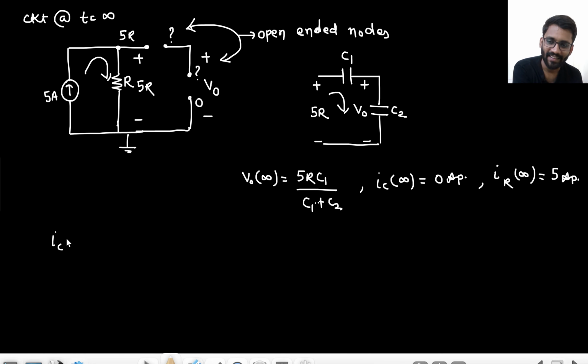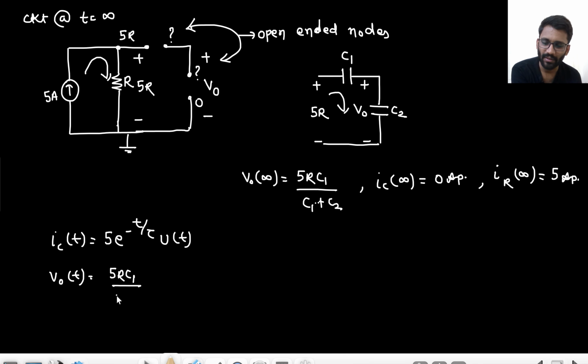So for ICt, initially it was 5 ampere and then goes down to 0: 5 into e to the power minus t upon tau. What about V naught t? It goes up to 5R C1 upon C1 plus C2 and starts from 0.